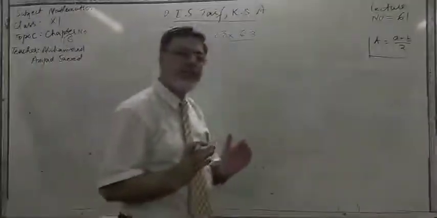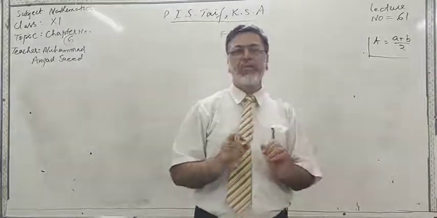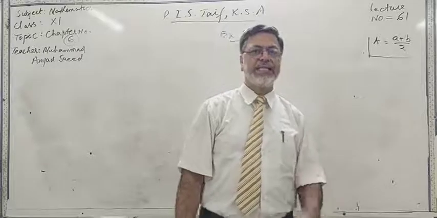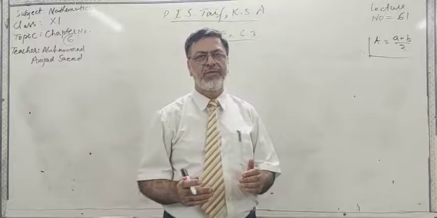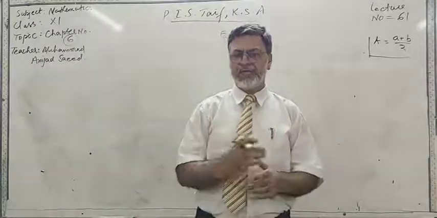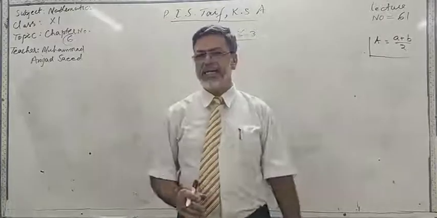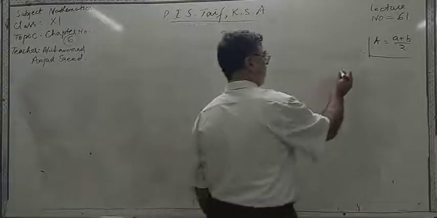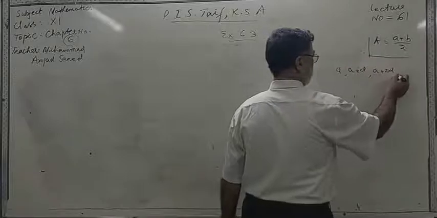Sum of terms of arithmetic progression is known as arithmetic series. For example, we have a, a plus d, a plus 2d, and so on.